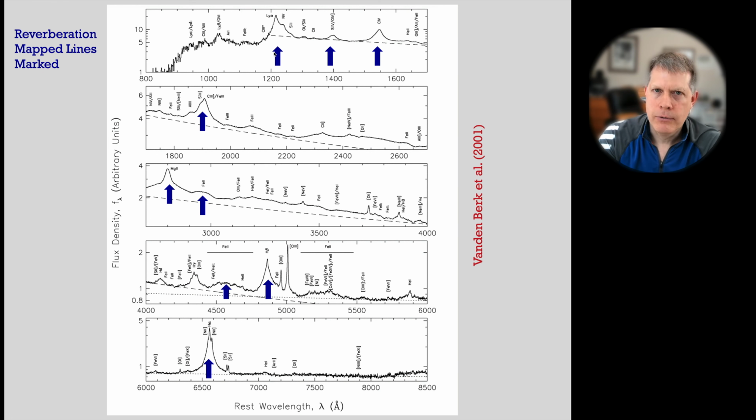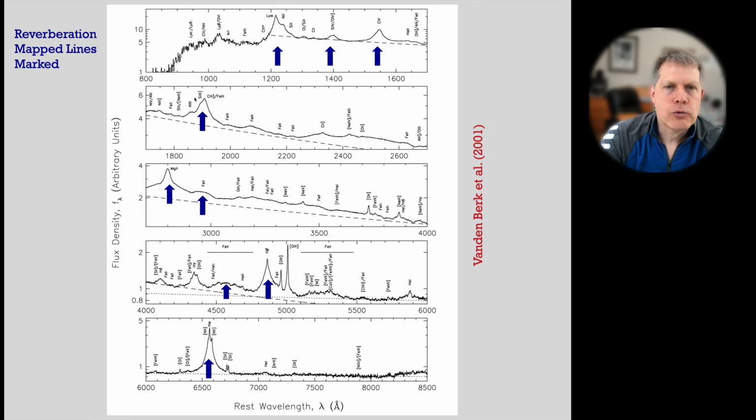People have reverberation mapped Lyman alpha, silicon 4, carbon 4, carbon 3, magnesium 2. Optical iron 2 emission has even been reverberation mapped in some cases. H beta, H alpha, and so on. Lots of lines have now been reverberation mapped. So this is a growing, successful industry.